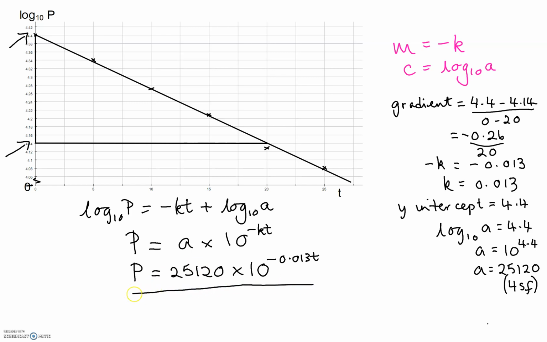So what we've done is we have used the modelling curve to find a linear relationship between t and log to the base 10 of p, and we have used that to find our constants k and a, and so we can now have a final equation between p and t. We could use this to find the population at certain times, or to find the time of a certain population.